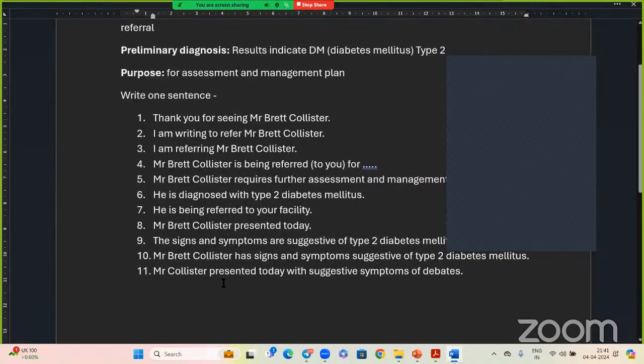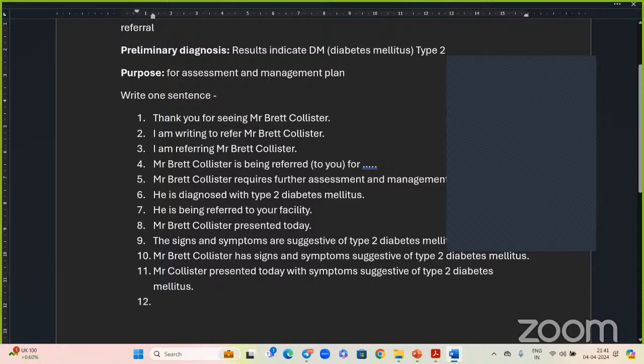So Mr. Collister presented today with the symptoms suggestive of, not suggestive symptoms, symptoms suggestive of diabetes mellitus. Type 2 diabetes mellitus. Okay. Yeah, what else can you write?